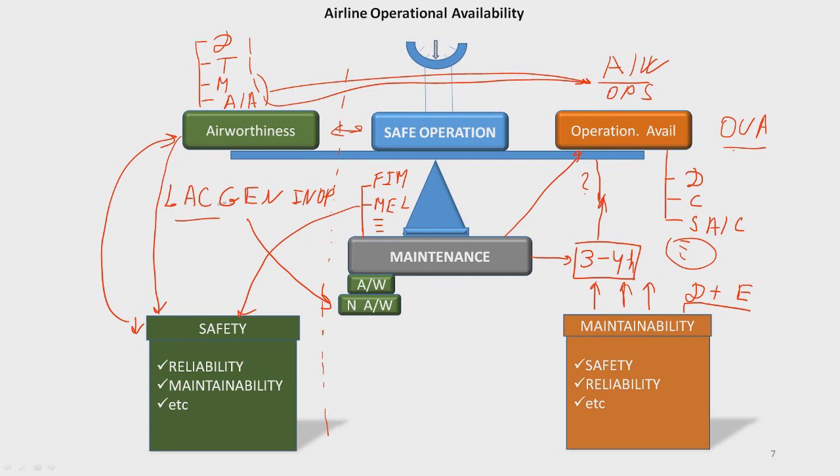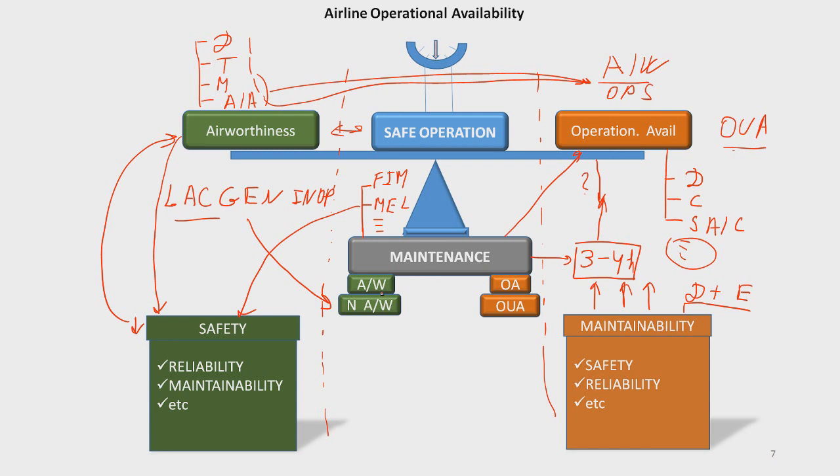Let's say left AC generator is inoperative. What we have from the orange side, from operational availability, is that product is operationally available, or condition number 2, product is operationally unavailable to accomplish the mission.